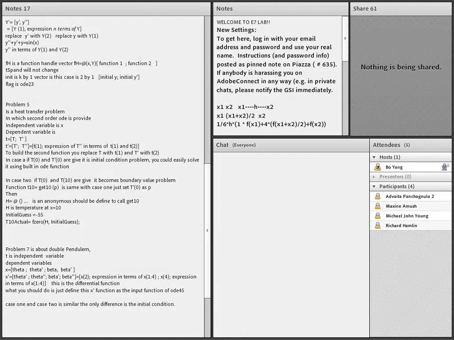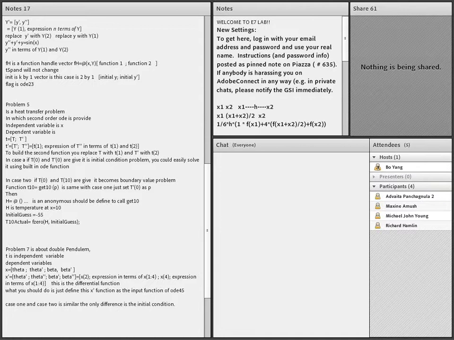Theta prime is the time derivative of theta, and beta prime is the time derivative of beta. And so x prime, we can express it as theta prime, theta double prime, beta prime, and beta double prime.